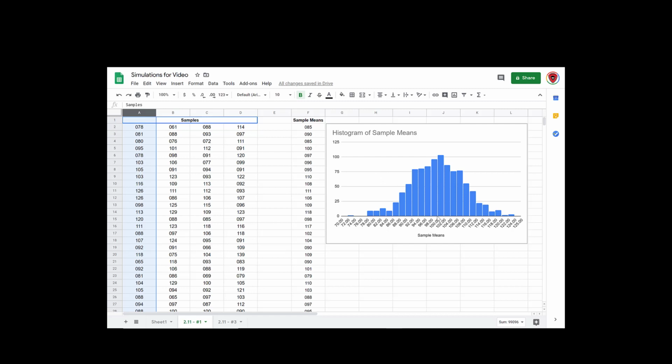You can see that it is centered around 100, which is the mean of the population, and it's the mean of our sample distribution. And then it's just distributed in this normal variation where we have the peak at the middle around 100, and then it tapers off to the left and to the right, just like you would see in the normal standard curve.